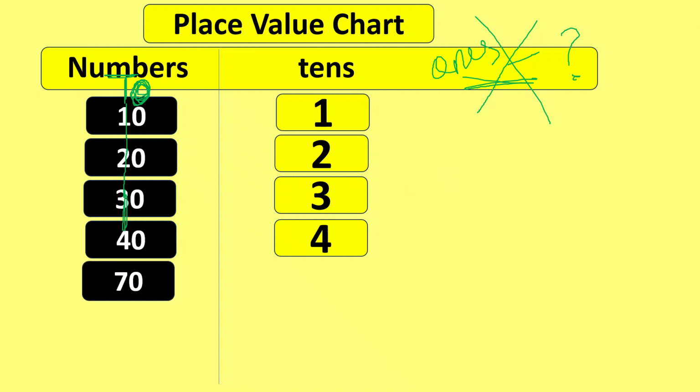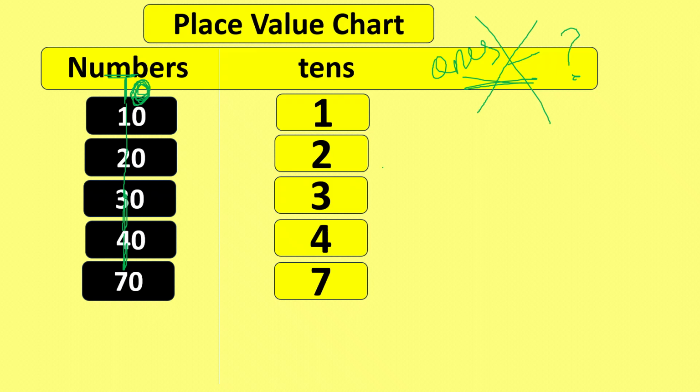Look at the 70, it's 70, bacha. So in 70 the number under the tens is 7. So how many tens are here? It's 7. Okay, and how is that possible? I'm going to prove it like this. We are talking about 7 tens.